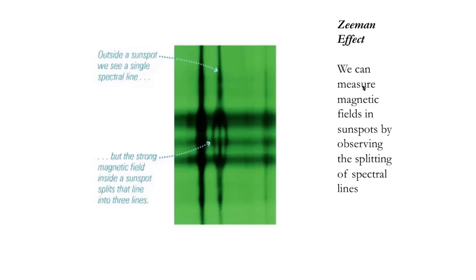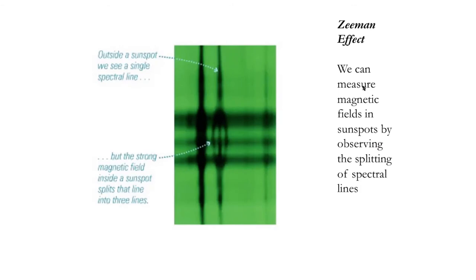And so you can get electrons being absorbed at each of those different energies, and that creates a triple line instead of a single line. And the stronger that magnetic field is, the more it separates them. And so not only can you tell that, yes, the magnetic field is strong in the sunspots themselves, we can measure how strong it is.